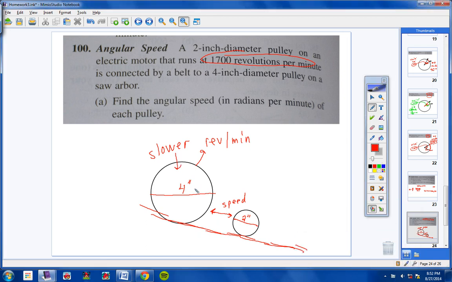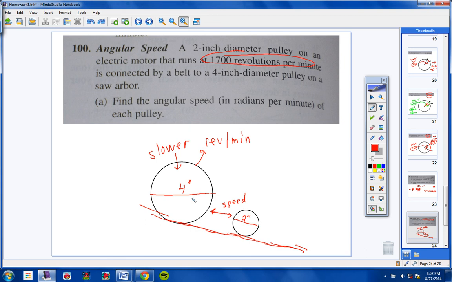Now the question is, how much slower will the revolutions be? Well, let me ask you a question. Since this pulley is bigger, its circumference is bigger. Now listen to me, notice this diameter is twice as big as this diameter, so the circumference here is twice as big as this circumference. Thus, when this thing makes 1 revolution, it's going to cover twice as much ground as this one.